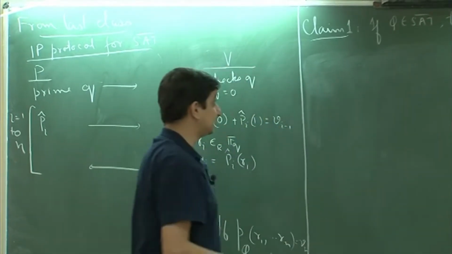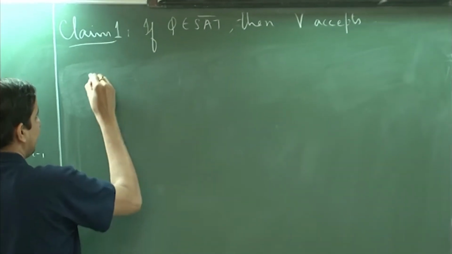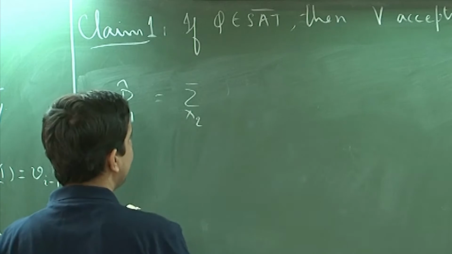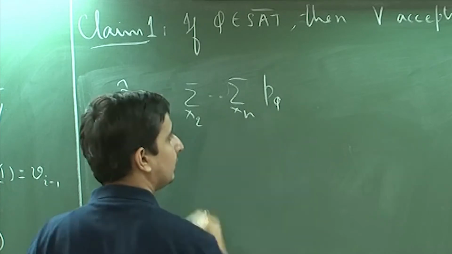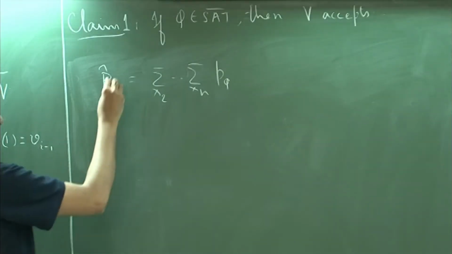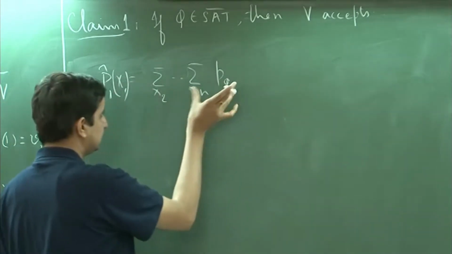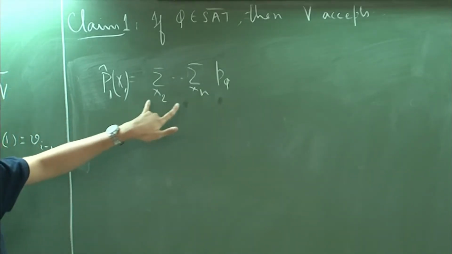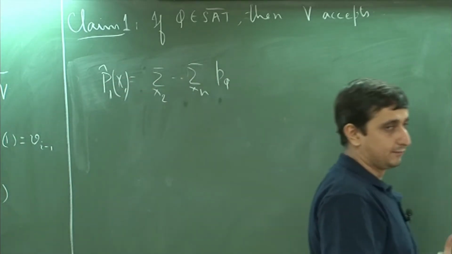The strategy of the prover, if phi is not satisfiable, is that at the first step he will send the polynomial sigma x2 to xn of p phi, and this is a polynomial in x1. Since this one, together with the sigma operator on x1, sums to 0, the verifier will accept in the first round.